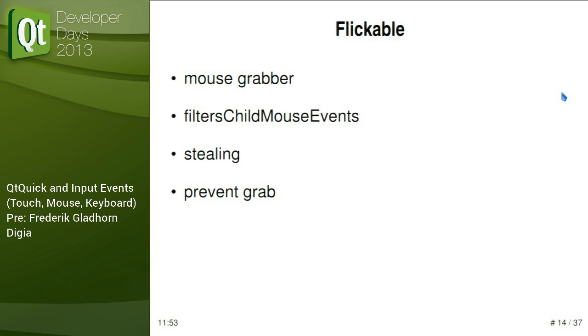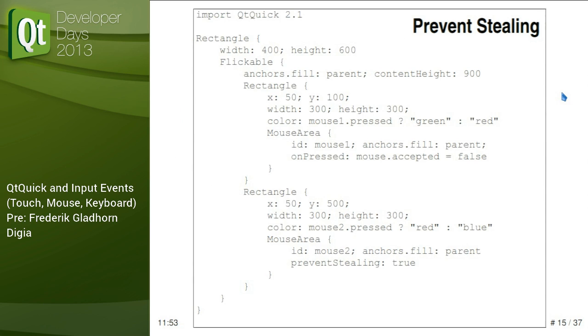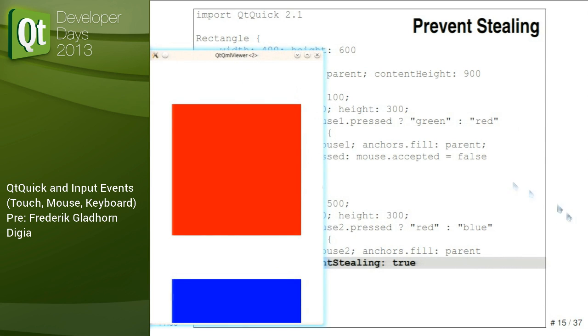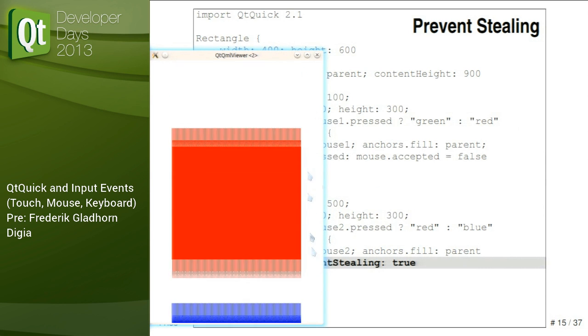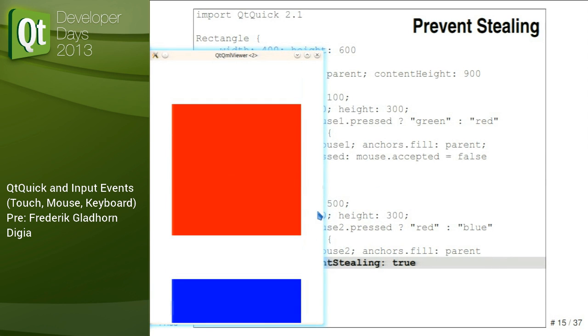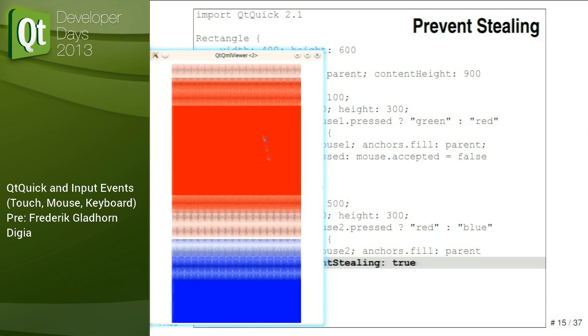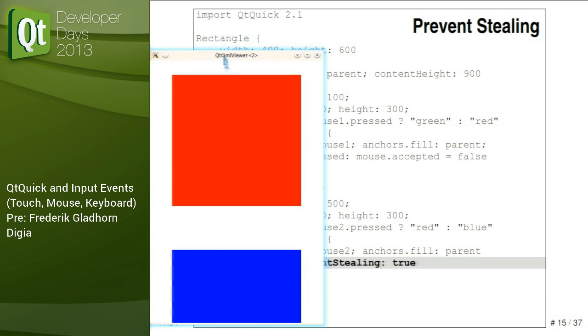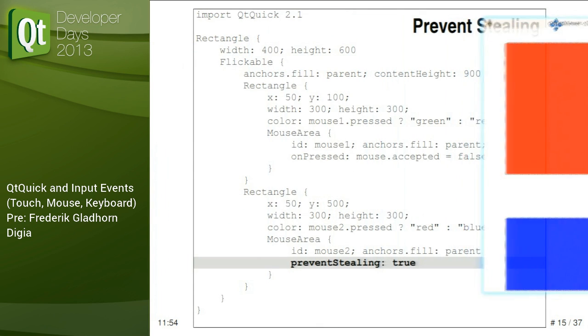And then there's preventStealing, which I have on the next slide, which answers one of the previous questions. If I set preventStealing to true, then I have my example here again, two rectangles, they happily bounce around. The top one is just a normal red rectangle, there is nothing to it.